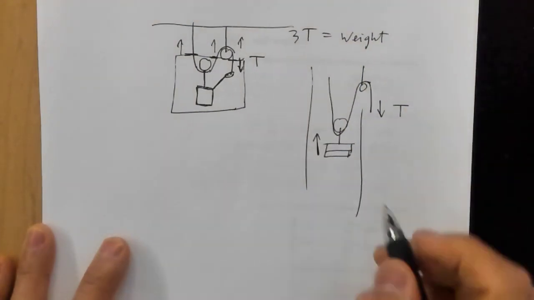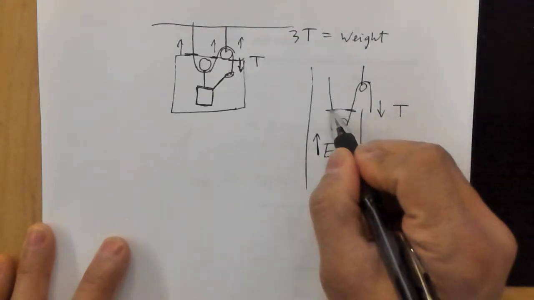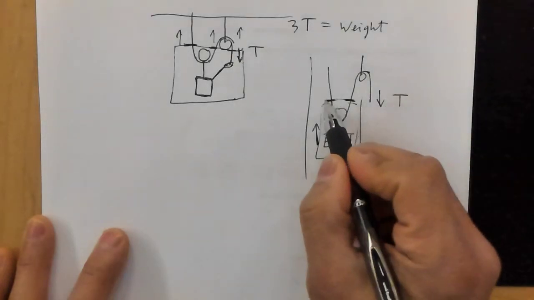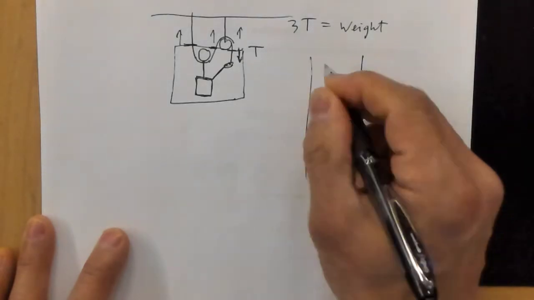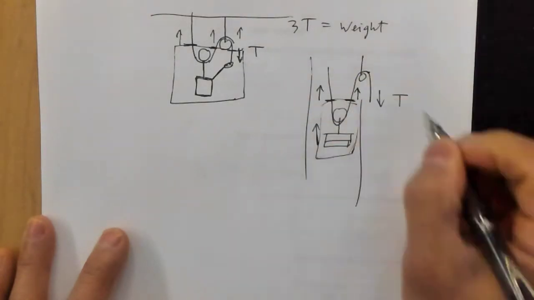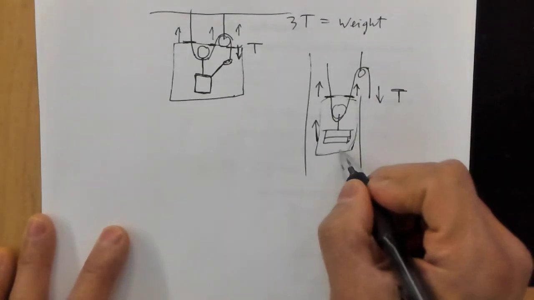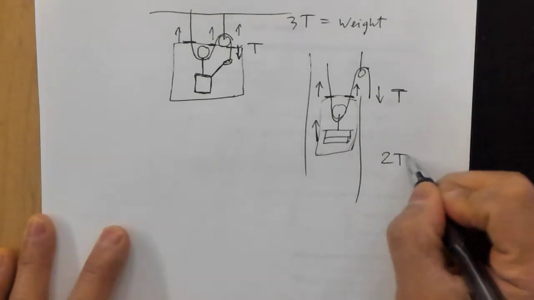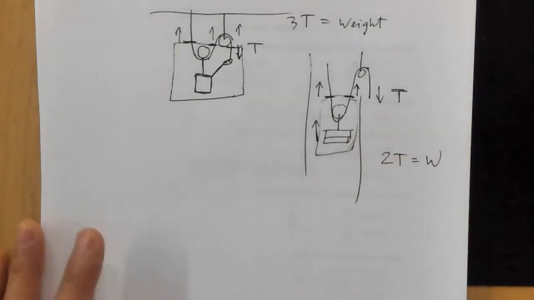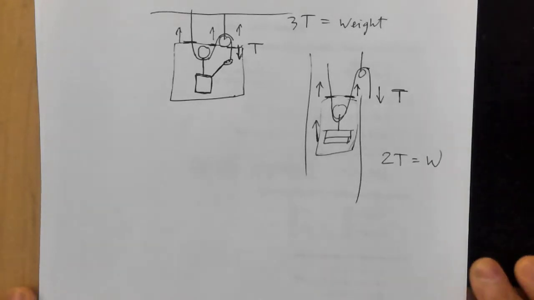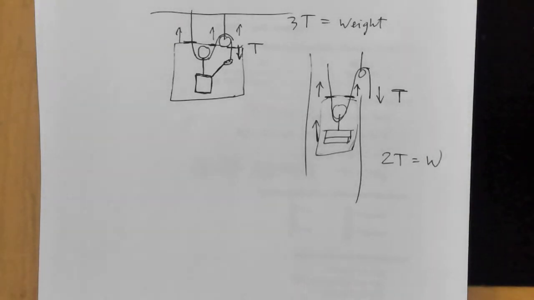You look at this weight stack, there are 2 support wires that I'm cutting with this box I'm drawing. So there are 2 tensions pulling up the weight. So if I pull up with tension T, then 2T is equal to the weight of these blocks. That's all it is. It's the same thing. Other questions?